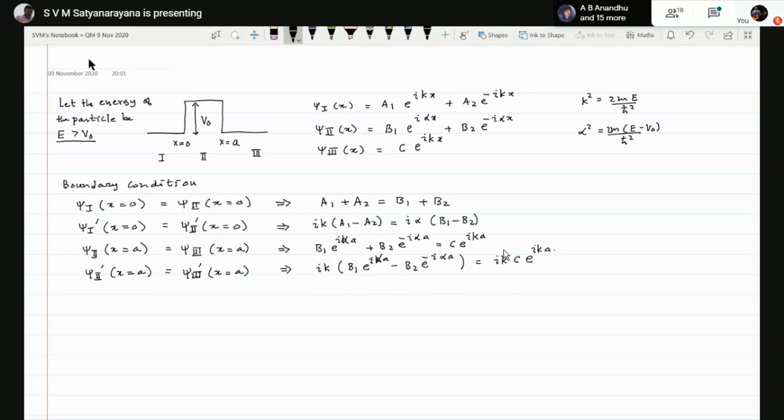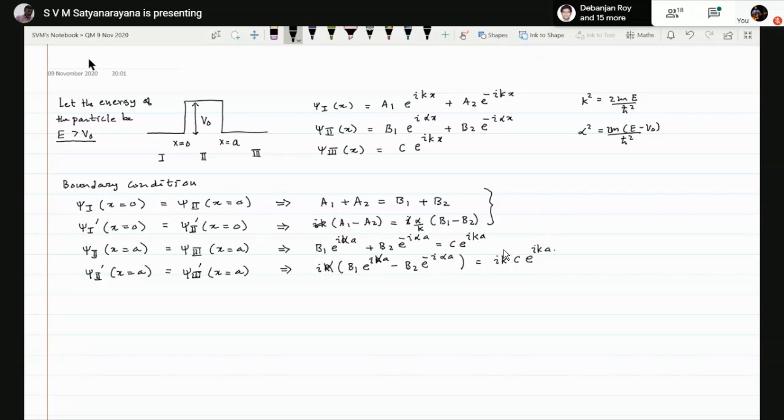Now you can see that I can take this to this side so that i cancels and I have alpha by k. Now these two equations I can write down.